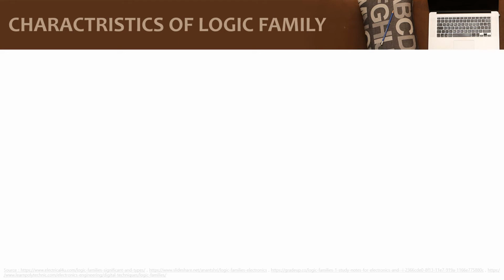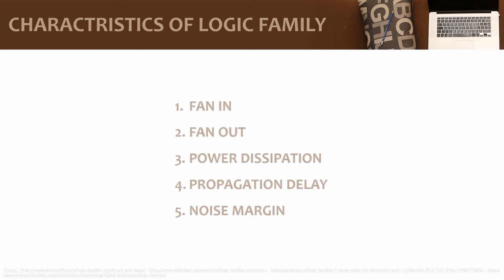Okay, now it's time to learn about the different characteristics of logic families, the characteristics which actually make the logic families. Here we have a total of 5 characteristics: fan in, fan out, power dissipation, propagation delay, and noise margin.